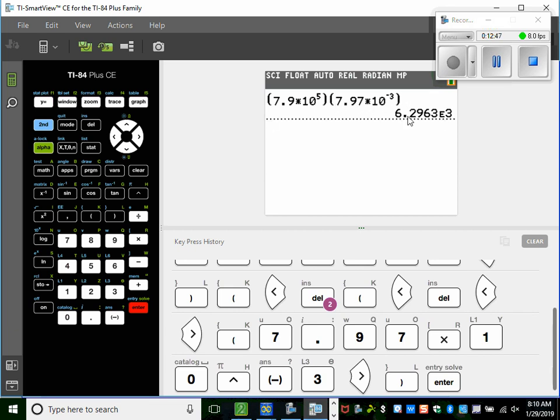So you're going to say 6.2963 times 10 to the 3rd power. If you actually write this as your answer, I will mark it wrong. So you have to put it using base 10, and then this is your exponent. So 6.2963 times 10 to the 3rd power.